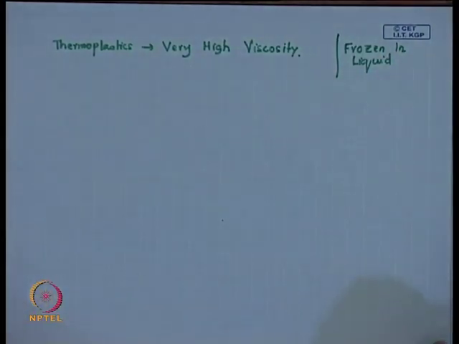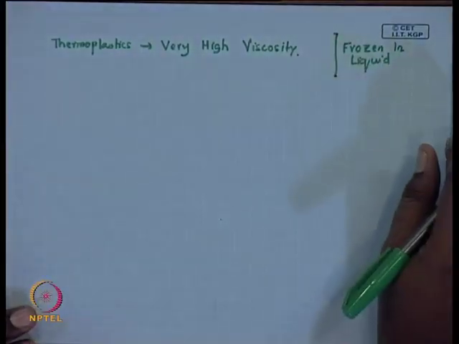And viscosity, you might have learned from your fluid mechanics course, is an indicator of the resistance of a liquid towards any sort of deformation or any externally applied force. So, the higher the viscosity, the slower will be the dynamics subjected to the same force as compared to a liquid which has lower viscosity. So, for this type of thermoplastic at room temperature, the viscosity is so high that it virtually behaves as a solid.